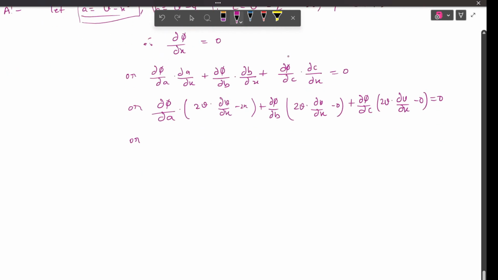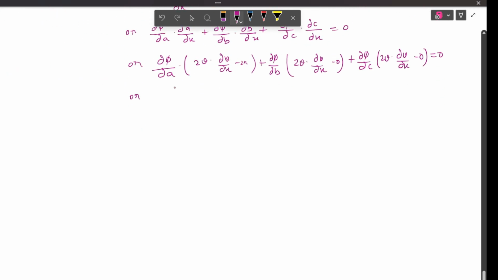So if we calculate, we are taking 2 common and equating to 0; 0 by 2 is 0.